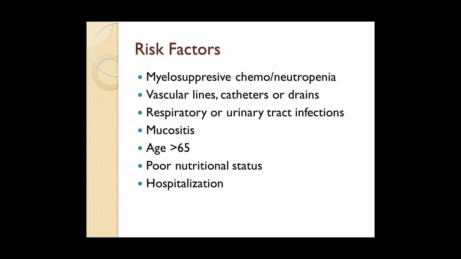The placement or existence of vascular lines, catheters, or drains may also put a patient at risk for infection, further increasing their risk for developing sepsis. Respiratory and urinary tract infections can also place a patient at higher risk for developing sepsis, as can mucositis. Patients who are elderly or greater than 65 years of age, patients who have a poor nutritional status or who are already hospitalized also have a higher risk of developing sepsis.